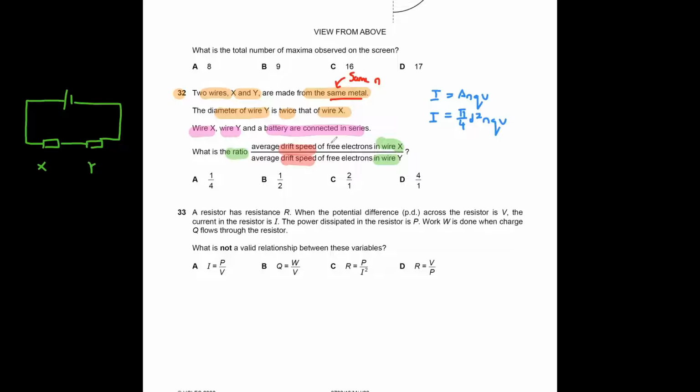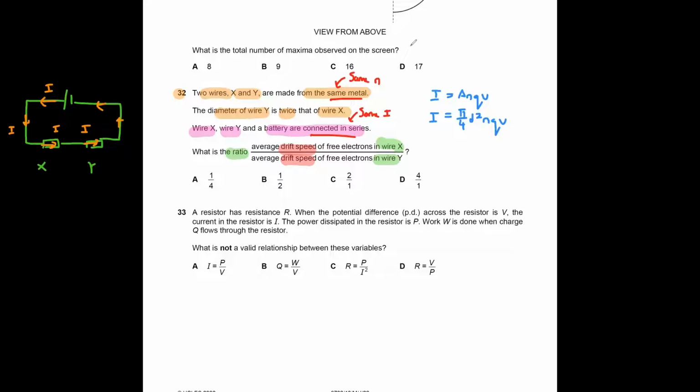And then second thing here, they mention they are connected in series. If your wire X and Y are connected in series, when current flows out of your battery and flows to X and Y, it's actually the same current flowing through both of them. So I can actually say that you also have same current.